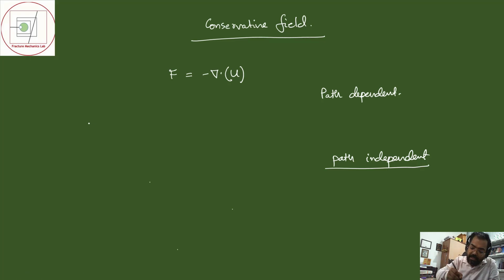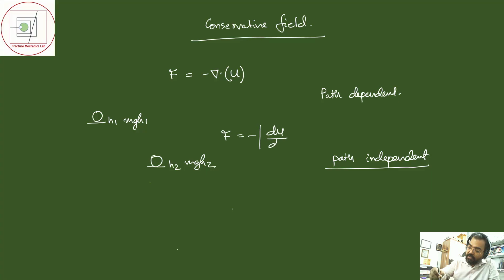And this you can realize on a very simple example, that you have a ball kept at a height h1 and you have a ball kept at a height h2. So you have potential energy at these two heights is mgh1 and mgh2, and therefore the force which is applied in this case is simply the derivative of the potential energy.